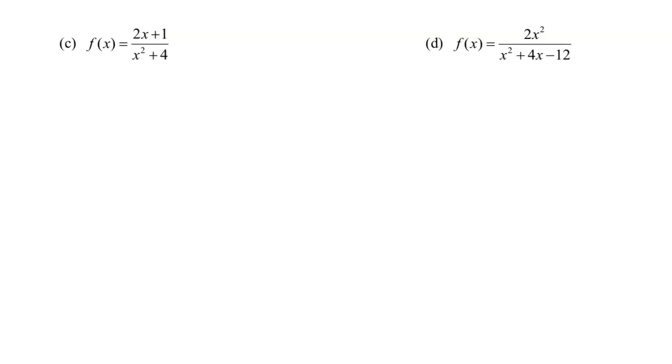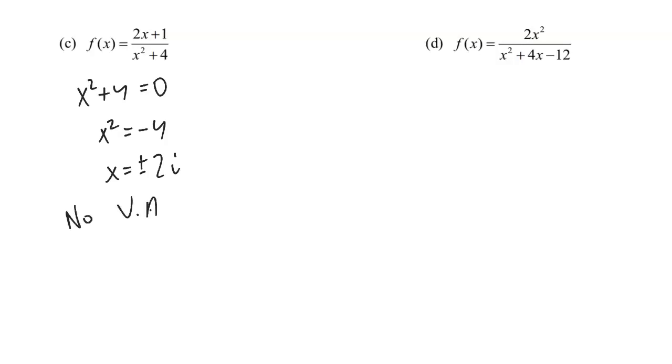There's nothing you can do in the numerator, and so the only thing I could even possibly have here is a vertical asymptote. But if you set the denominator equal to 0, what you're going to end up getting is imaginary. And so therefore, there is no vertical asymptote for that particular function. And there's no hole because nothing canceled out after you factored.